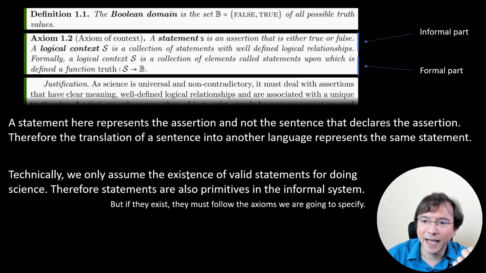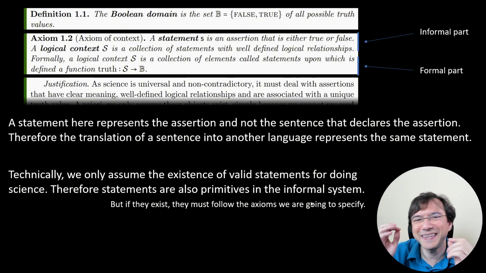And again here, technically we only assume the existence of valid statements for doing science, and therefore statements are also primitive in the informal system. Basically, we're not even assuming technically that we can do science, that there are such things as statements that are really true or false.